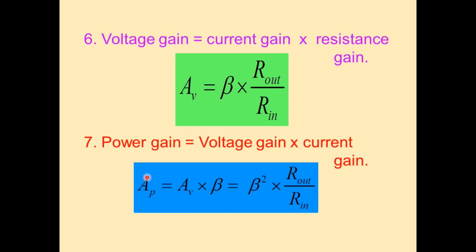AP equal to AV into beta. In the place of AV, we can write beta into R output by R input. So here beta into R output by R input, which is equal to beta square into R output by R input. Power gain.